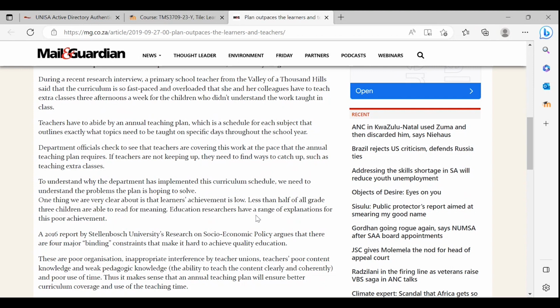Less than half of all grade 3 children are able to read for meaning because the teachers have to go so quickly through the syllabus. So because these learners haven't learned to read earlier on in their careers, now you sit with that problem when they come to grade 10, 11, and 12 economics.